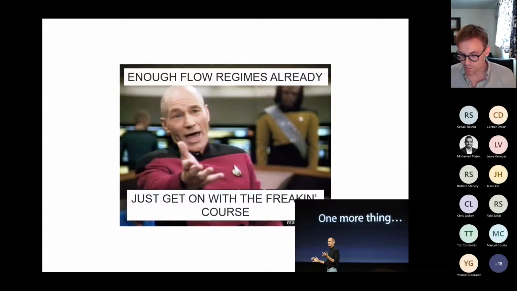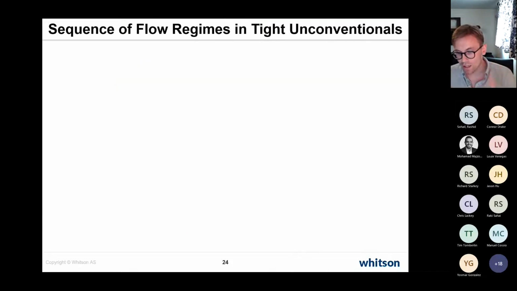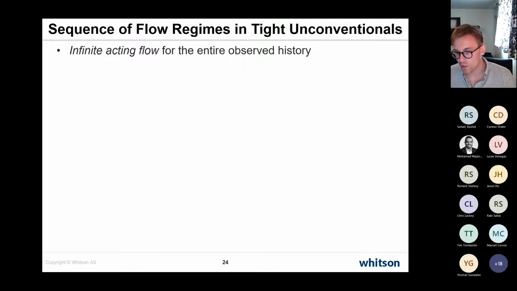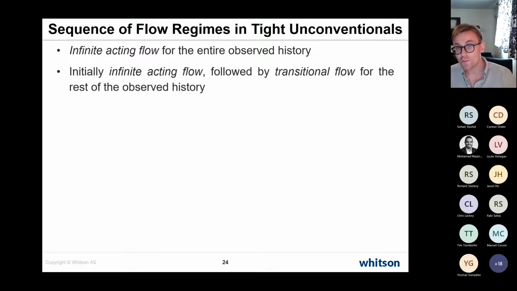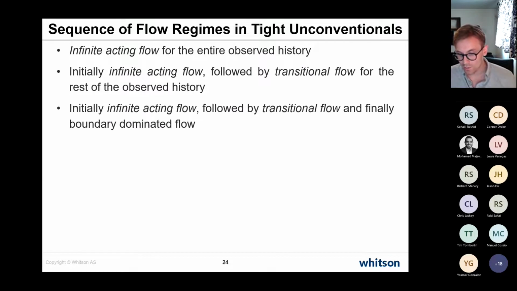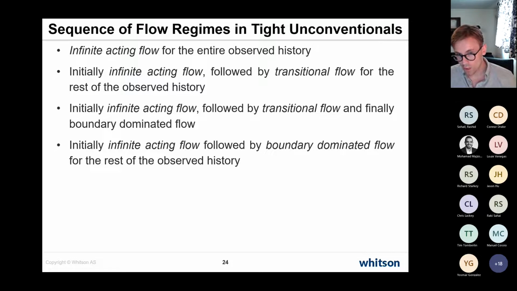These different flow regimes. So you can either have infinite acting flow for the entire observed history, or you can have infinite acting flow followed by transitional flow for the rest of the observed history, or you can have infinite acting flow followed by transitional flow, and then finally boundary dominated flow. Or you can have the case that I already showed, which is just infinite acting flow followed by boundary dominated flow.